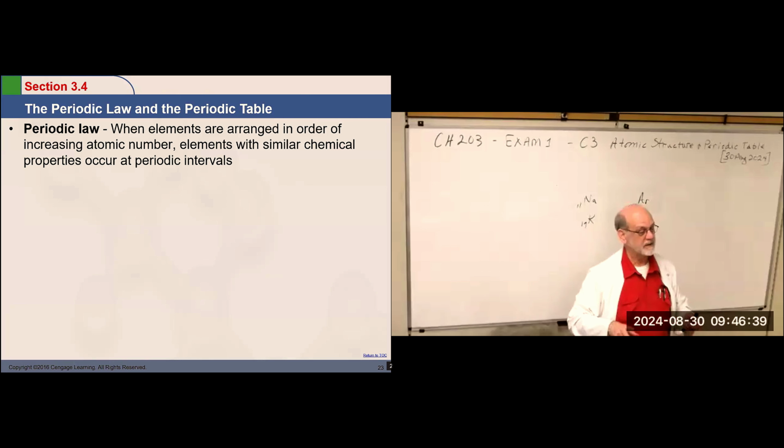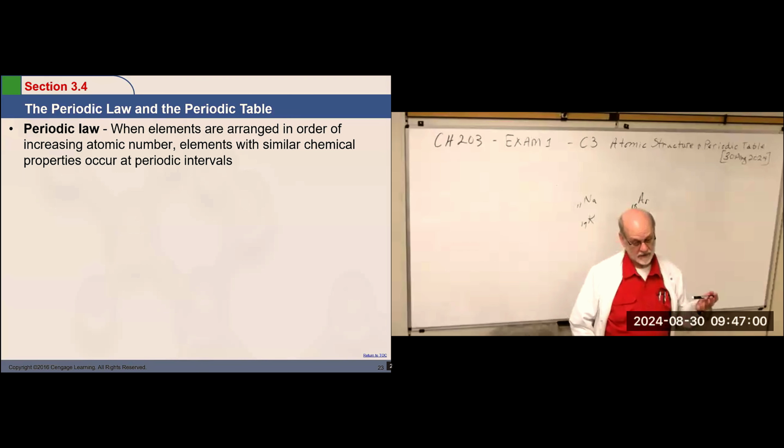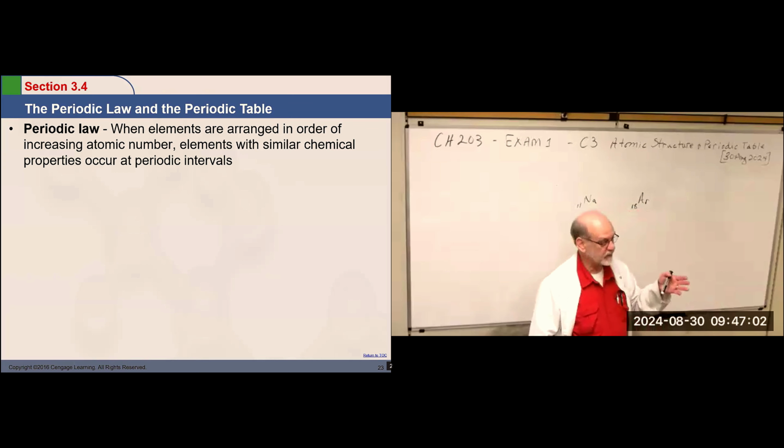A period means one cycle of something. Right? The period of the Earth's movement around the sun is 1 year, 365.25 days. So that's where he gets the name period. It goes through one cycle, starts over again.